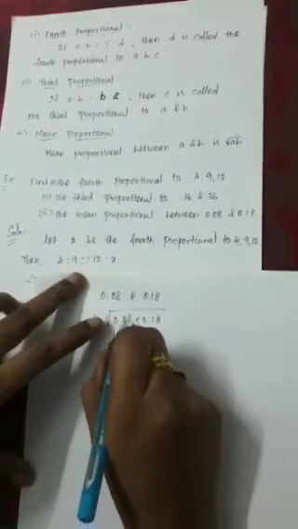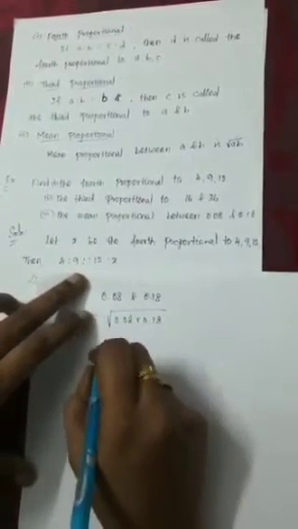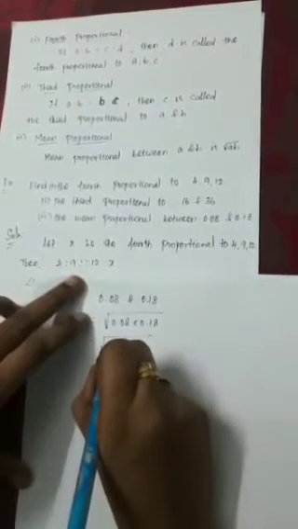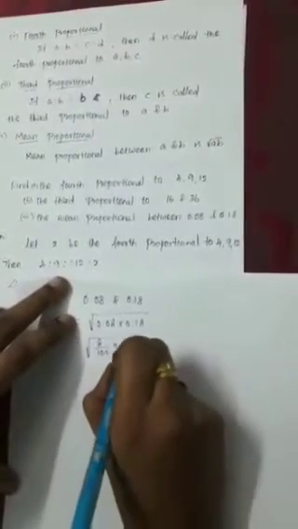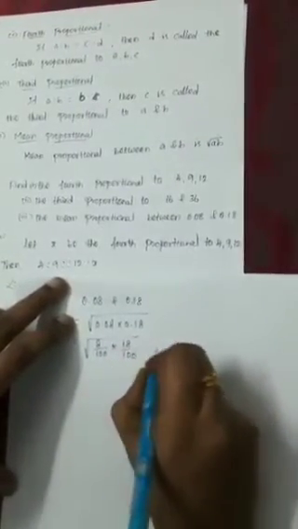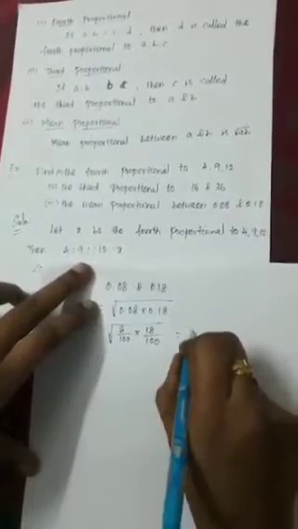Here after the decimal point there are two digits, so divided by 100, so that 8 by 100 into 18 by 100, which is equal to 8 into 18, 144 by 100 into 100.